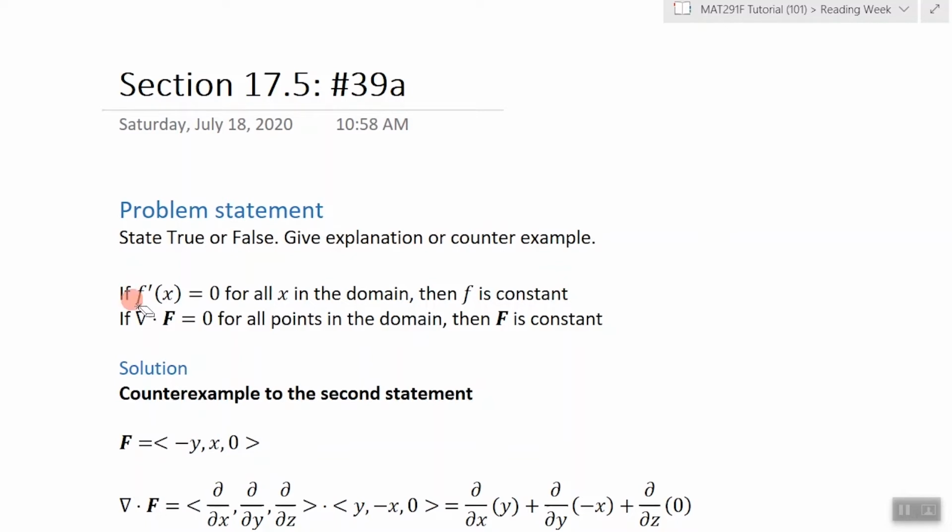It says that if a single variable function f has a zero derivative for all points x in the domain, then the function f is a constant function. Now this first part is for sure true. We know it from first year calculus.